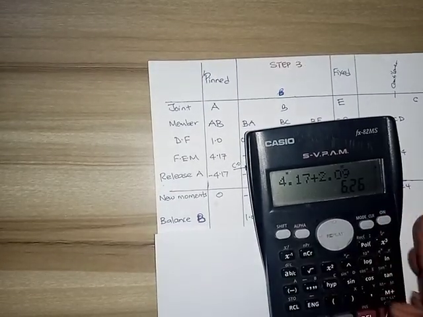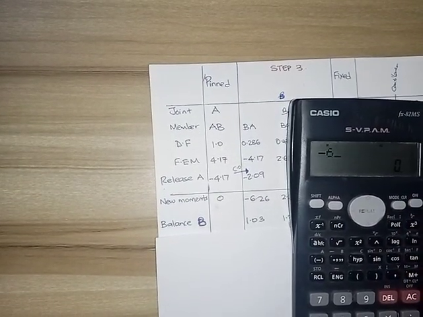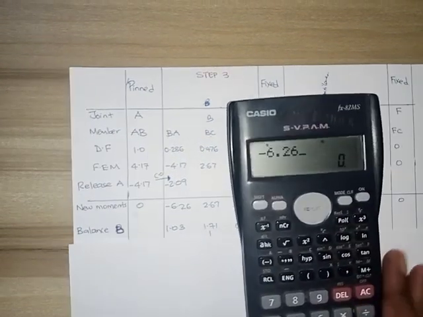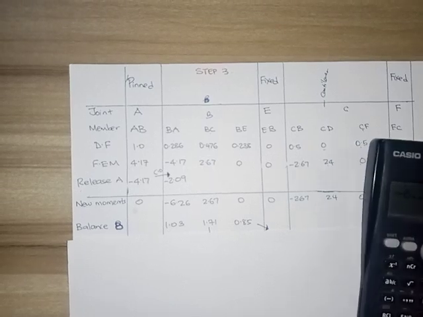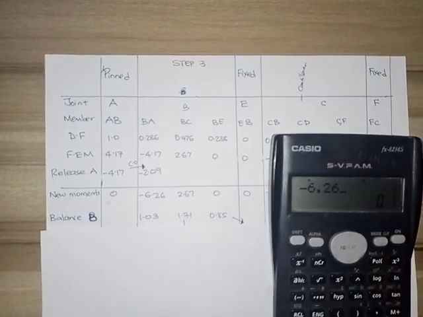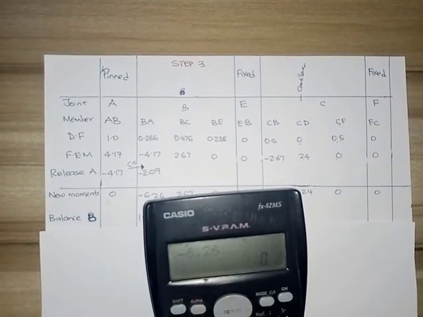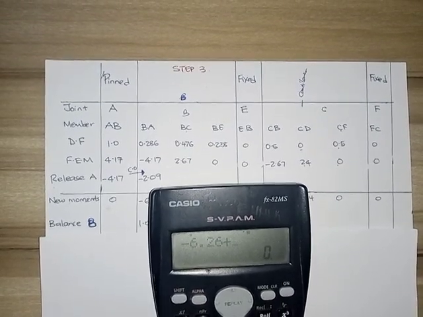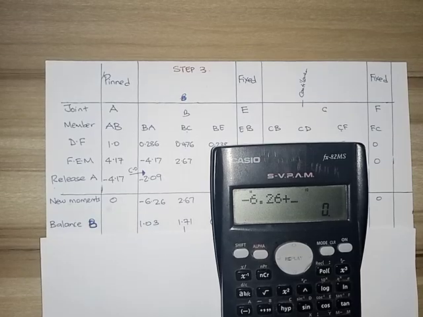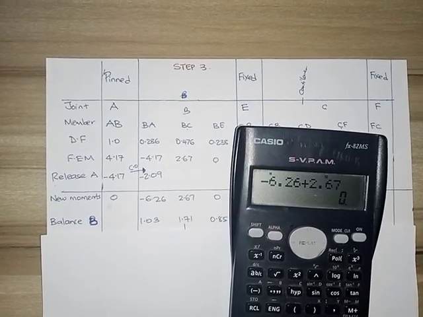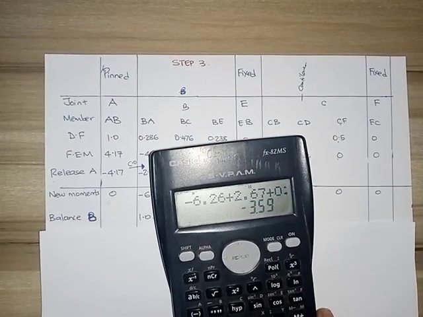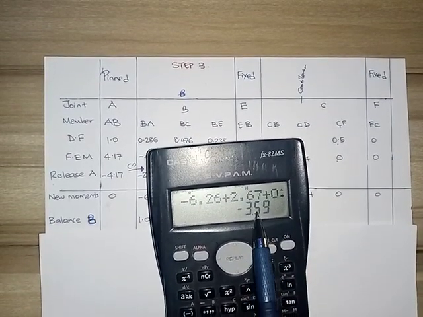So it's negative 6.26 plus 2.67, of course plus 0, and you get the out of balance moment as negative 3.59.